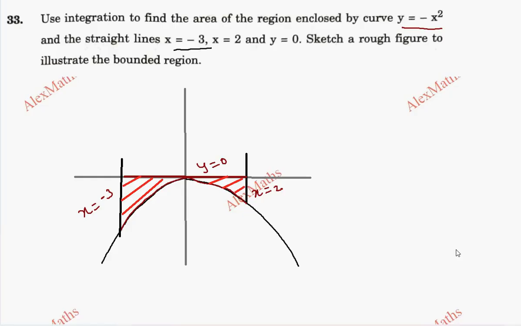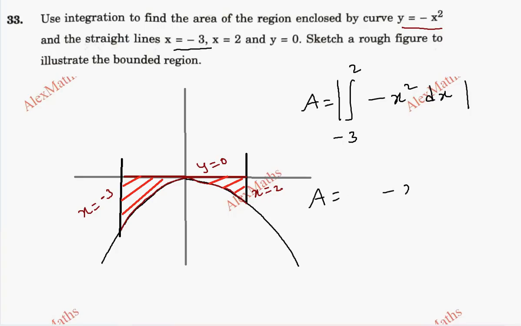So what we can do is, we take the area as integral from -3 to 2 of y dx, but y is minus x square dx. Since the region is below the x-axis, we will be getting the answer as negative, so we have to take a modulus, and we work out everything inside the modulus.